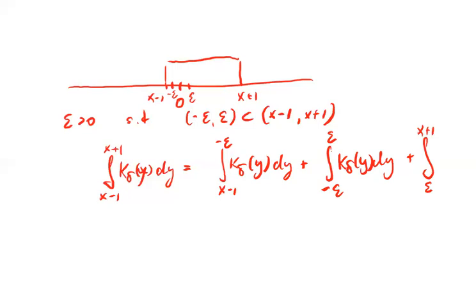Right? Now what you do is, this open interval doesn't have to be symmetric, right? So you stretch out, you let negative epsilon go to x minus 1, plus epsilon go to x plus 1. And so this becomes just that interval, x minus 1 and x plus 1 not included.